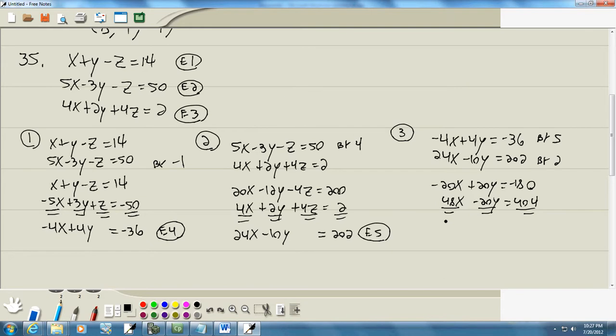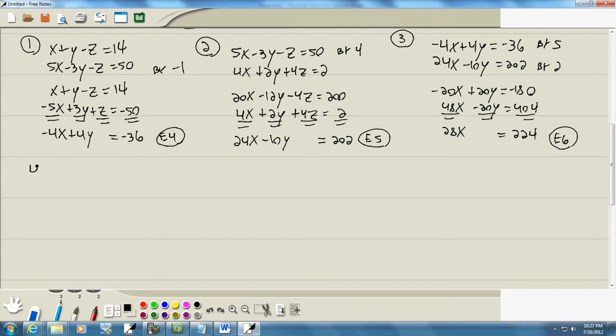Negative 20x plus 48x gives us 28x. Those cancel away. Equals 224. I think that's right. Okay. And this is now equation 6.